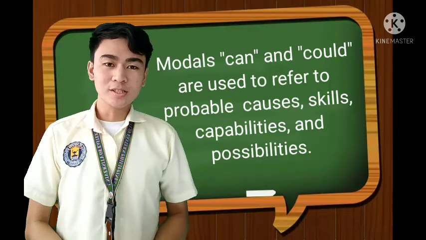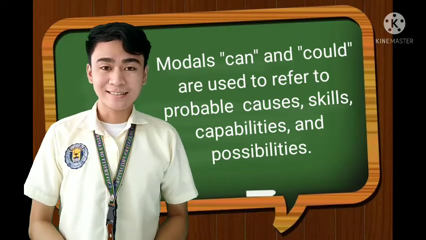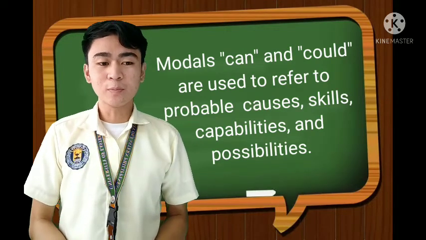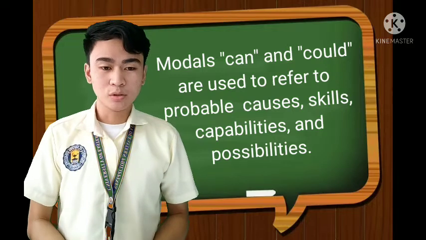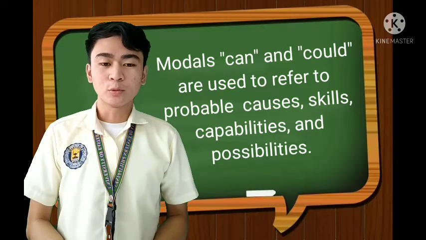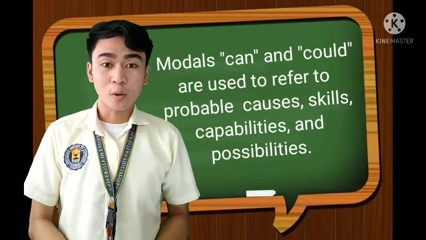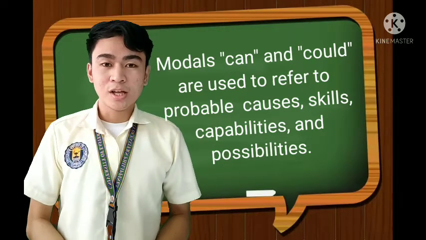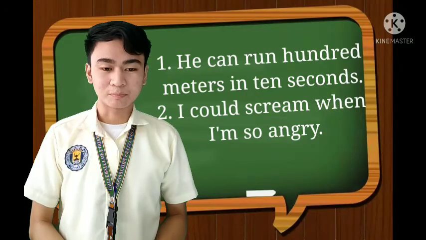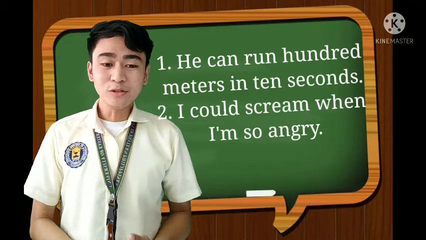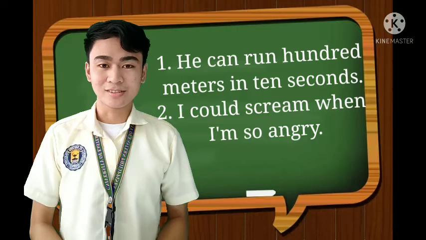The words which indicate skills and capabilities are can and the past form could. These can and could are used to refer to probable causes, skills, and capabilities, as well as possibilities. An example sentence for this type of modal is, he can run 100 meters in 10 seconds.